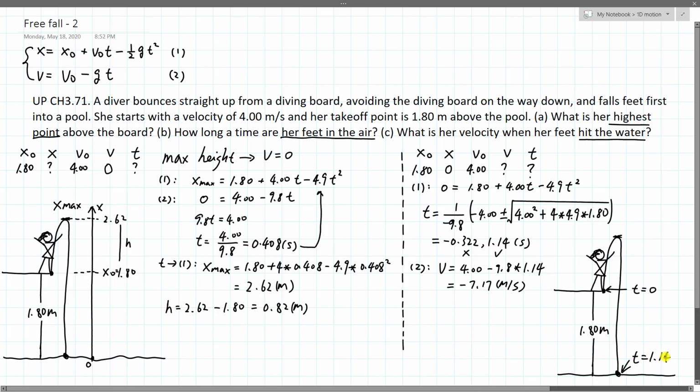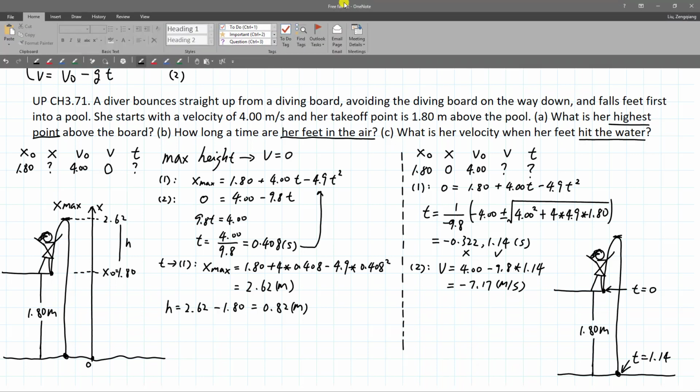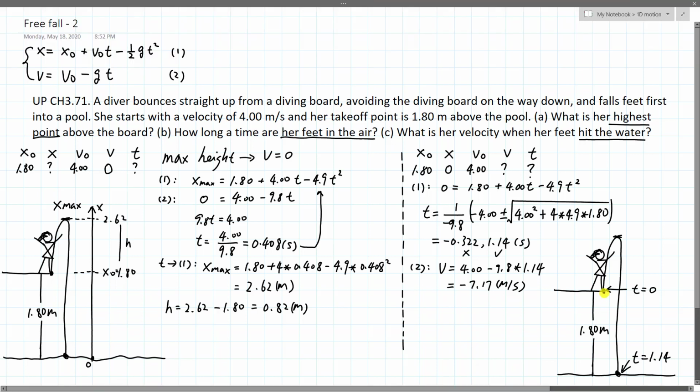So where did that 0.322 second come from? Is it just a mathematical artifact? I agree it is kind of an artifact, but it still has some meaning. So let me extend this trajectory here. Assume that there's a doppelganger of her, and the doppelganger was just looking at the water level.